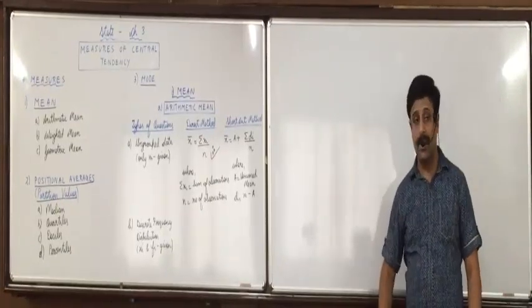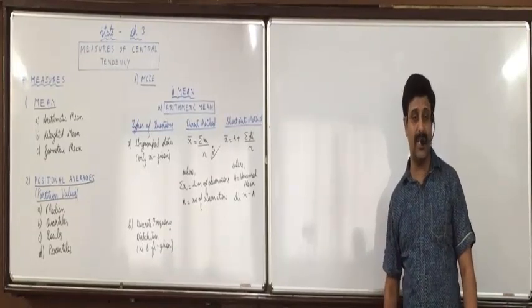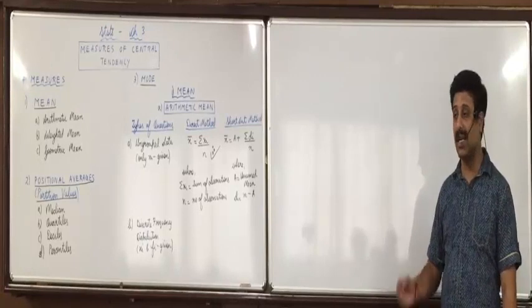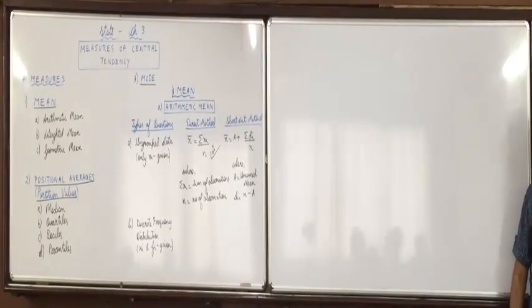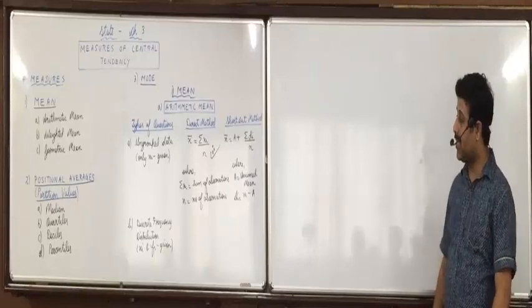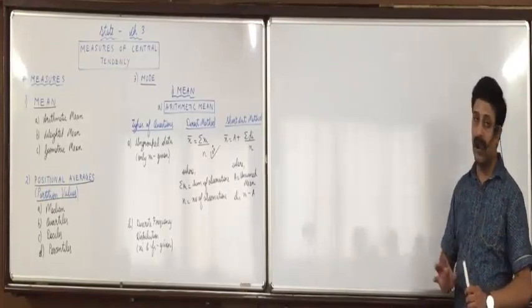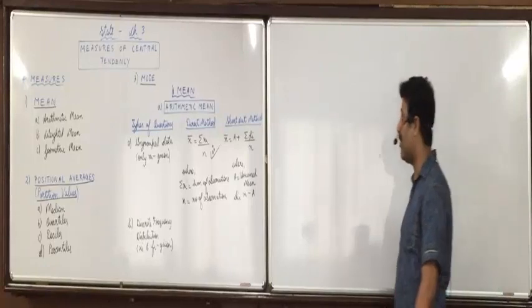Second is discrete frequency distribution, observations and frequencies will be given. Third is continuous frequency distribution, classes and frequencies will be given. Clear in the formula? So direct method sigma xi upon n, short method a plus sigma di upon n. Okay. One question I'll explain by both the methods. Page 78, exercise 3.1, question 1.